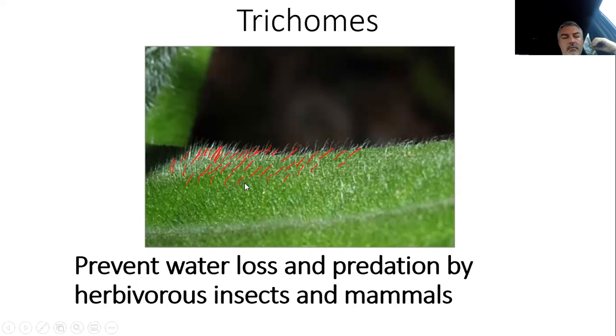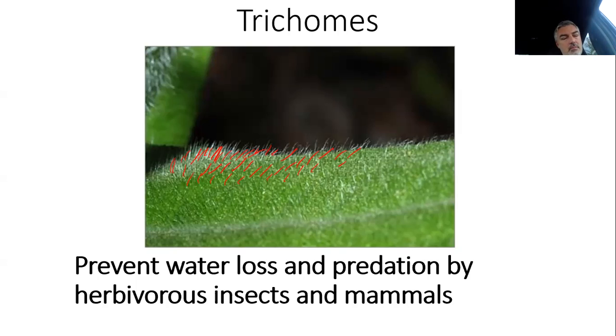They are going to prevent water loss, and they also keep predators from eating them. So the people that grow marijuana, this is what they select for. People say, oh, look, there's little crystals on this marijuana. It's not crystals. They're trichomes, just little hairs.